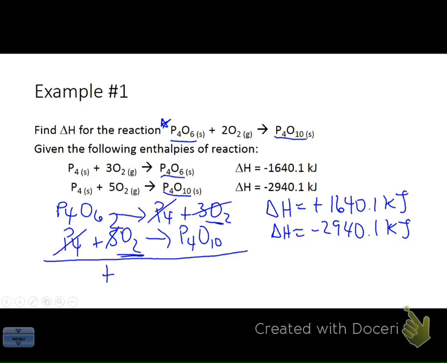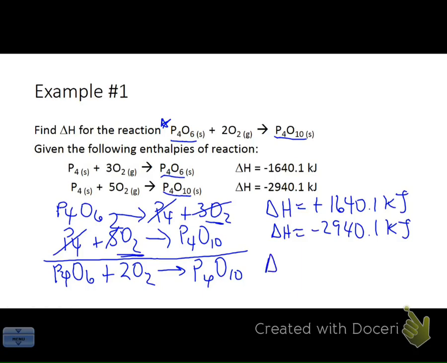So in my overall reaction, I'm left with 2 oxygens. I'll bring the P4O6 down. There's my yield sign. And then the P4O10 is brought down as well. And that is the overall reaction that we were looking for.